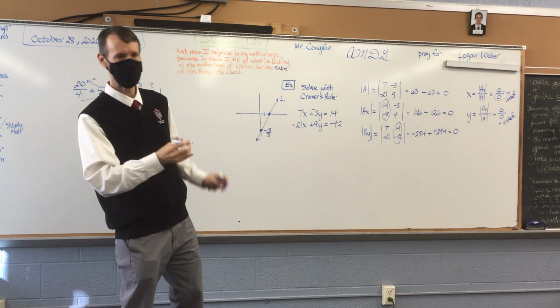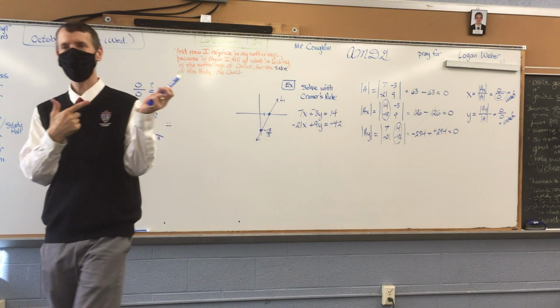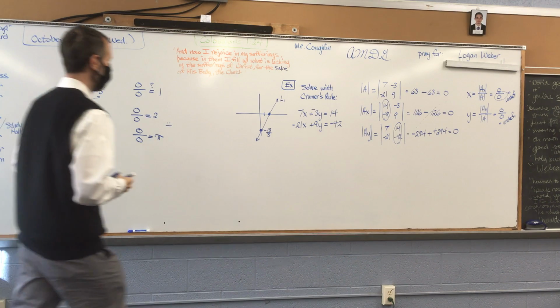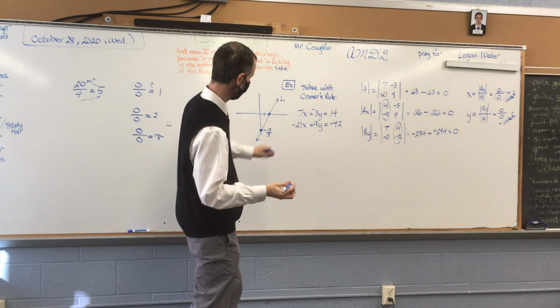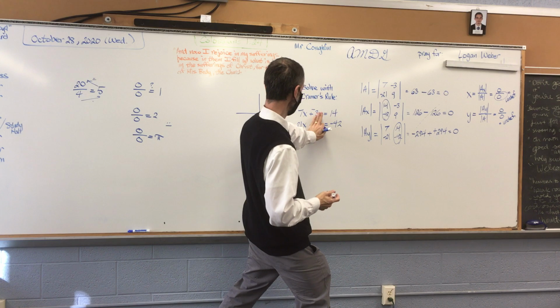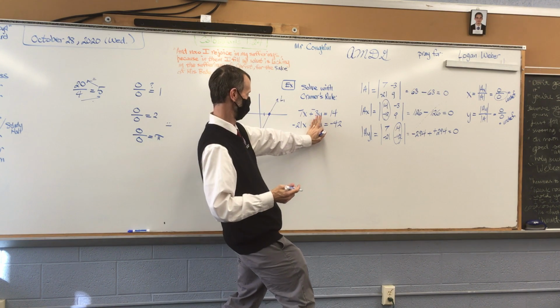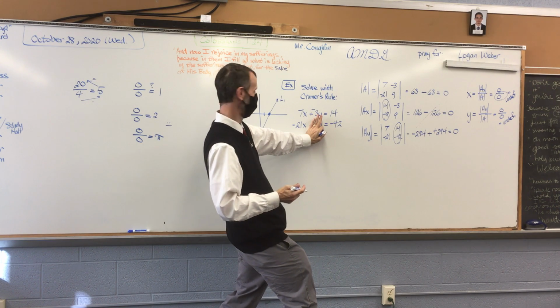Now I'm going to graph line number 2. Does anyone remember the graphing method? Where do you find a solution to 2 lines when you graph them? Where they cross? Oh, I'm getting a little excited here. All right. Negative 21x equals negative 42. Guess what the x-intercept is? Divide both sides by negative 21. It's 2.